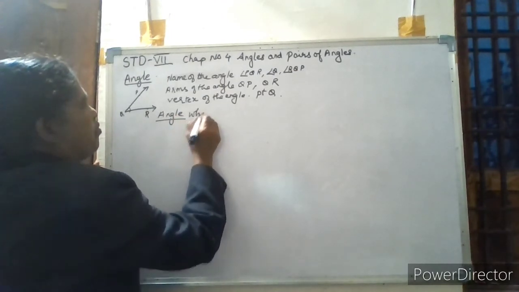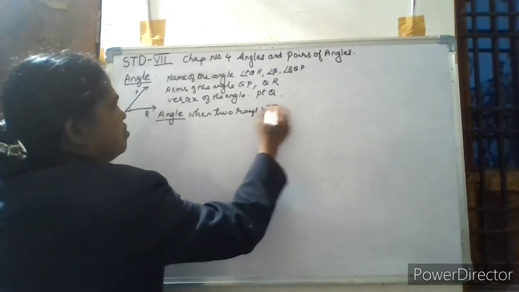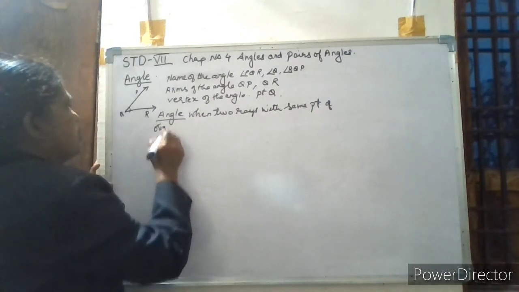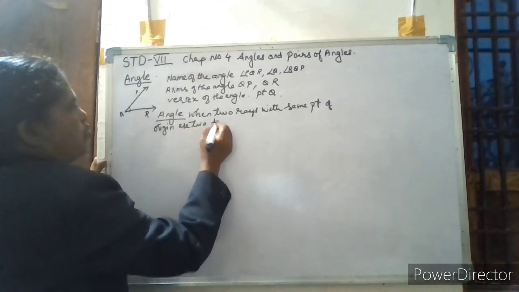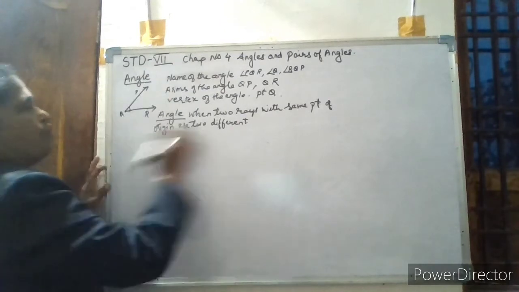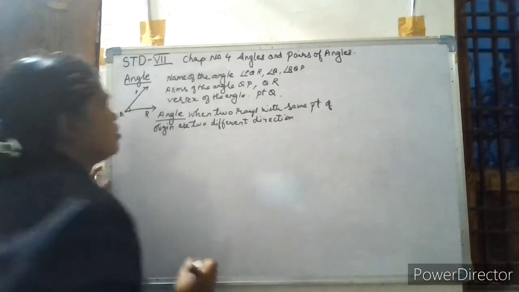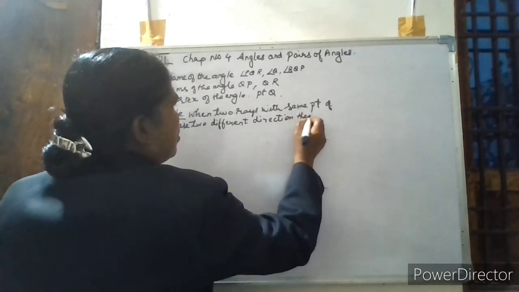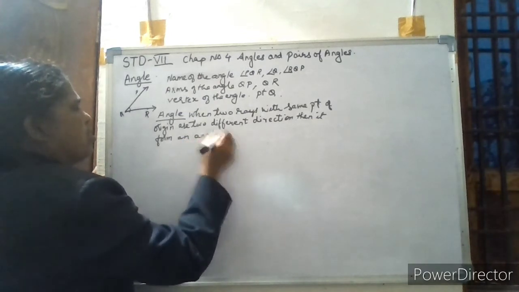When two rays with the same point of origin are in two different directions, then it forms an angle. So this is the definition of angle.